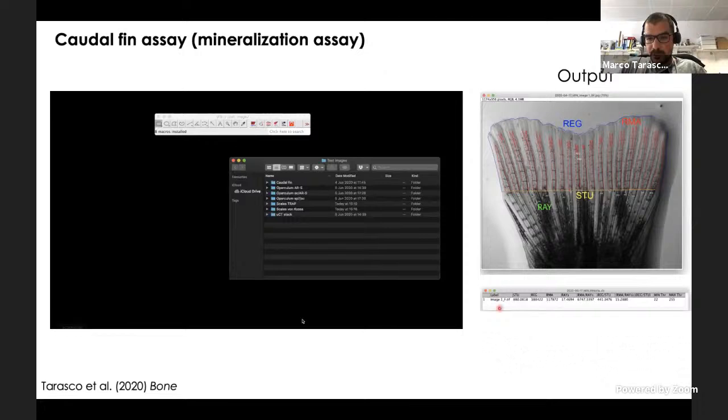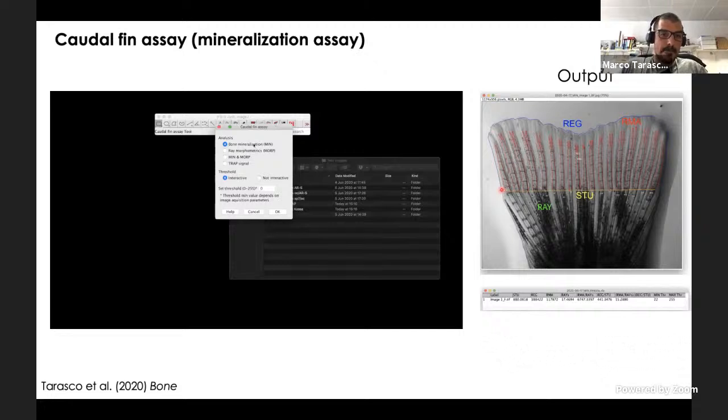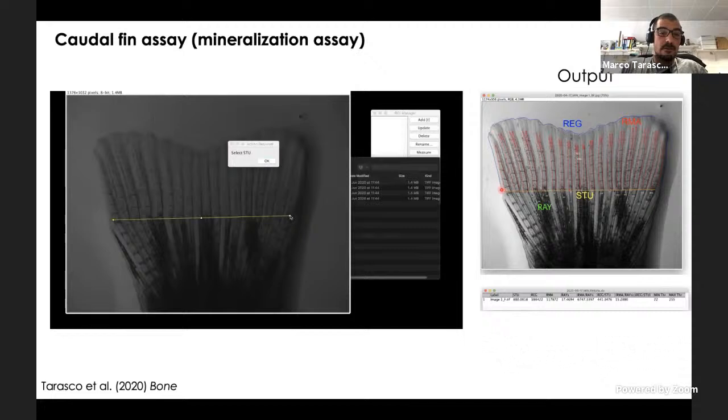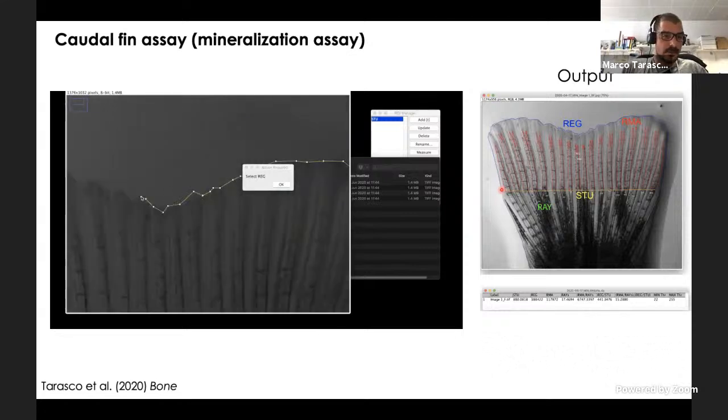We also get a result table, of course, with our raw measurements and also all the normalization already done. So as you can see, you just need to select what to measure and follow the macro. The macro will stop at each step, allowing the user to select the region of interest.